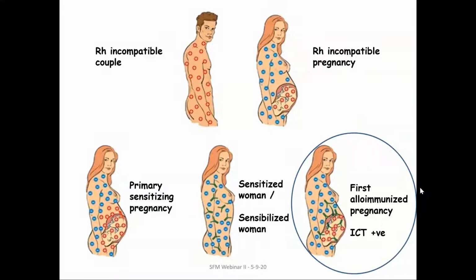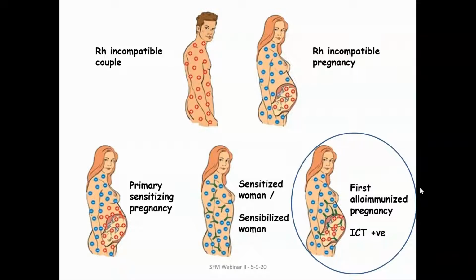You're talking about a first alloimmunized pregnancy where the lady has tested ICT positive at booking because she has antibodies in her circulation from a primary sensitizing pregnancy, or rarely from a sensitizing event other than a pregnancy. For whatever reason, she has antibodies in her circulation, and this is what has caused the positive ICT.